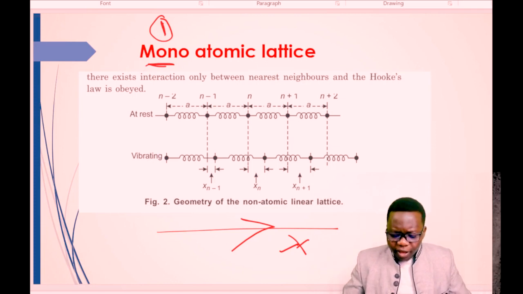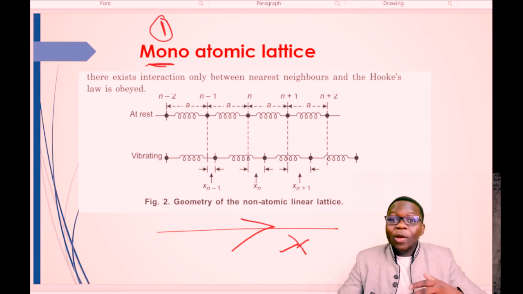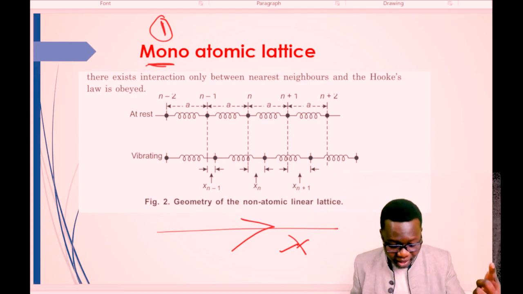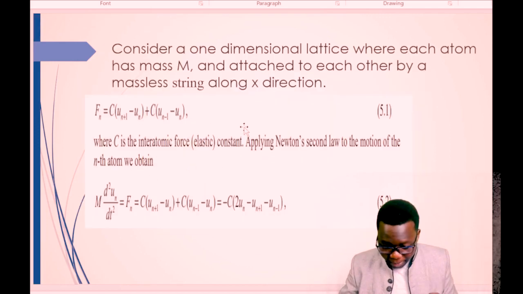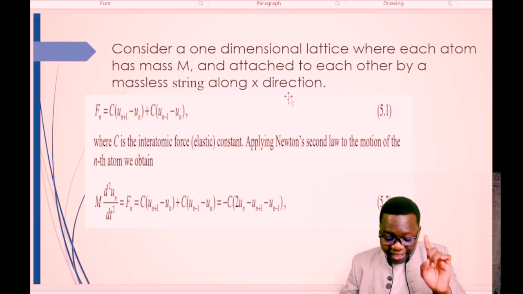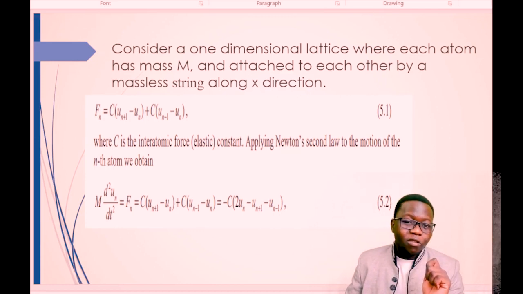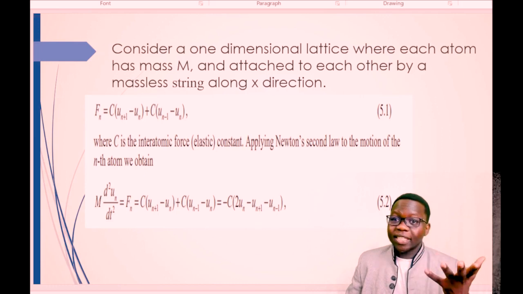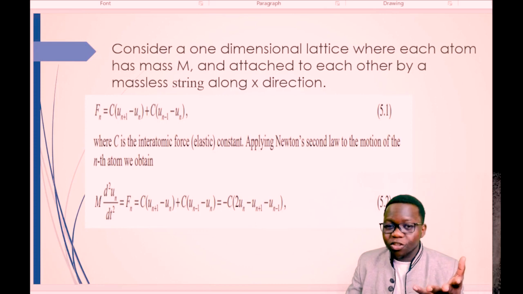Now, if it's monoatomic, it means that we can study just one atom and then understand the behavior of the rest of them because they are similar. So one of the assumptions is that all these atoms have the same mass. Let's call it mass m. Secondly, they are attached to each other by strings. We are going to neglect the mass of the strings because they are not heavy. It's actually massless strings.